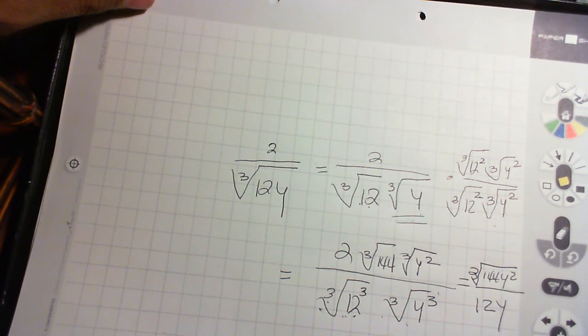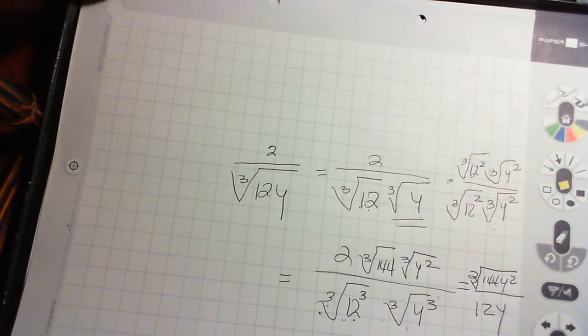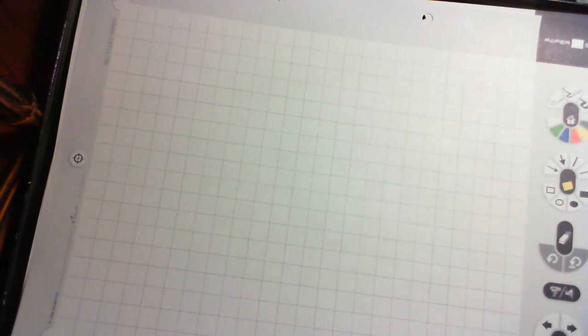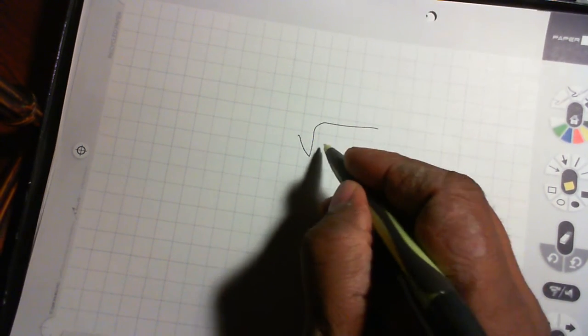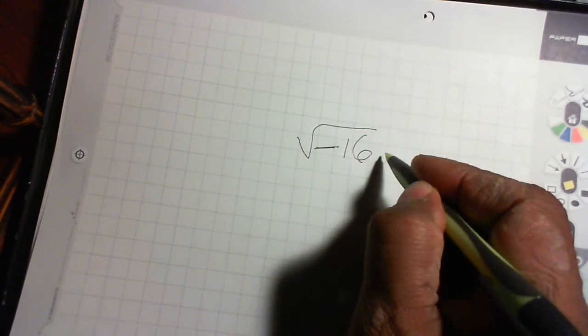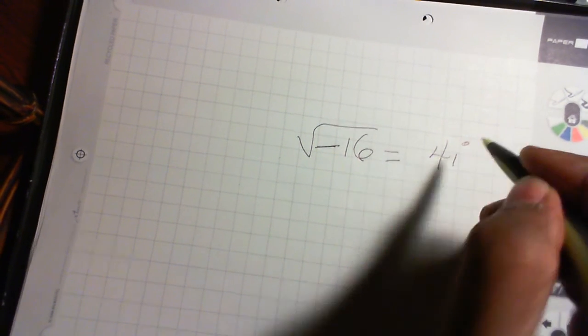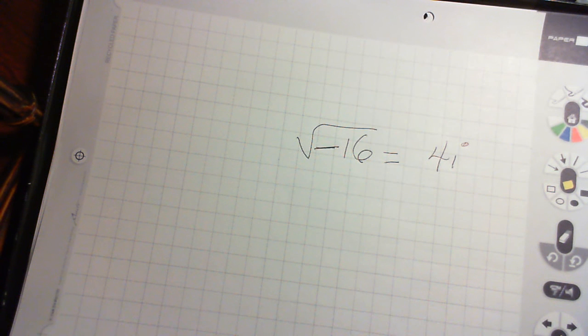Okay, so I think we are close to finishing here. There are a couple of things you need to remember. If you have the square root of a negative number, for example, the square root of negative 16 is 4i.